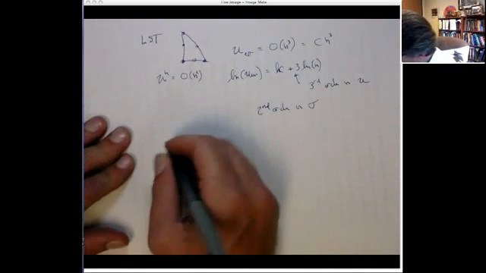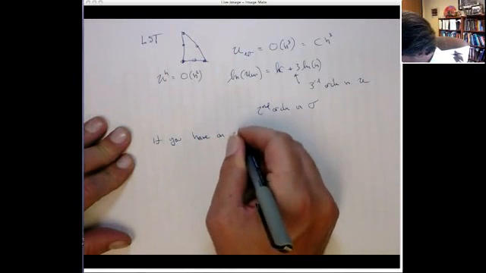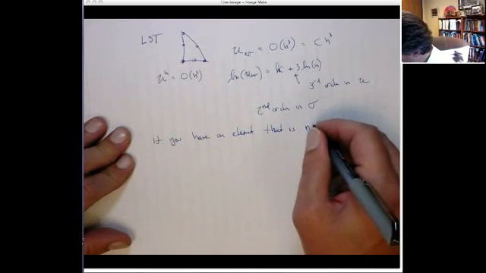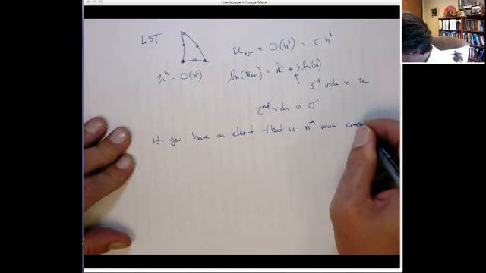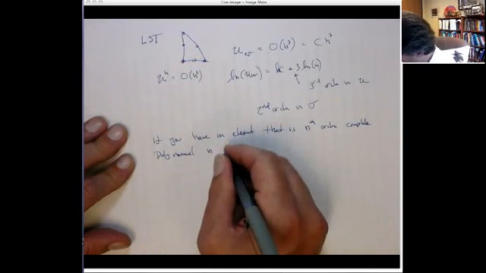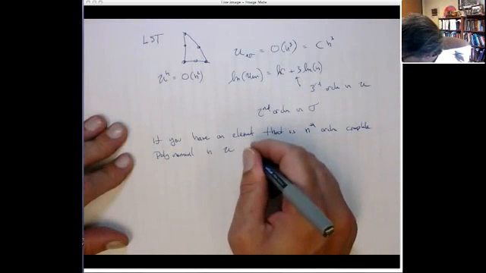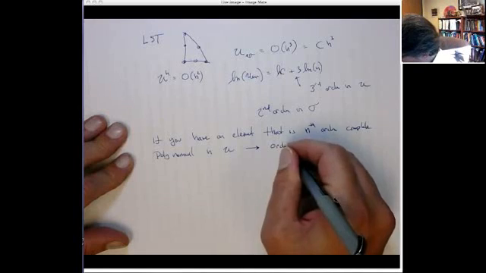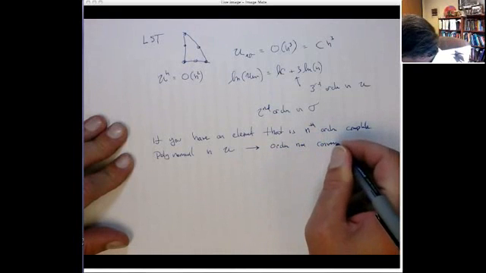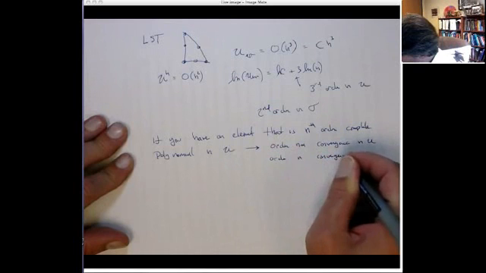So, you know, basically, if you have an element that is an nth order complete polynomial in the field that approximates U, for example, this is quadratically complete, then this becomes order n plus 1 convergence in the displacement, and order n convergence in the stress.